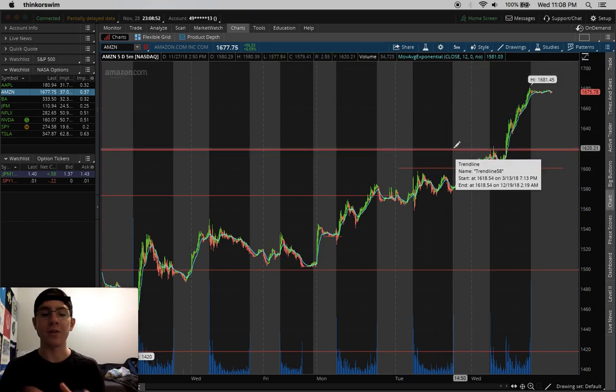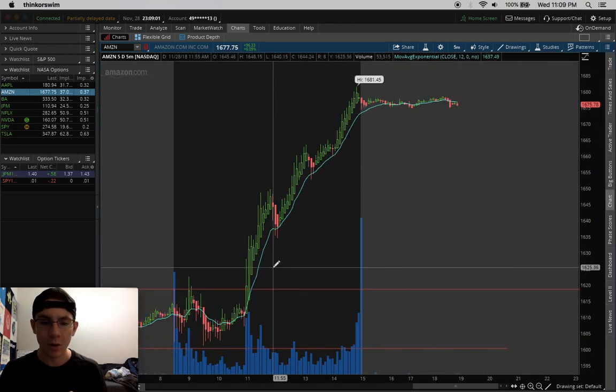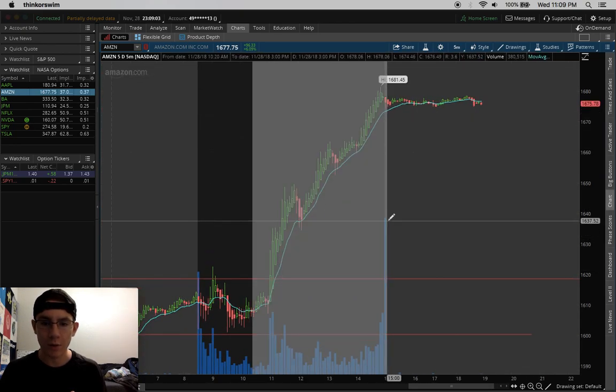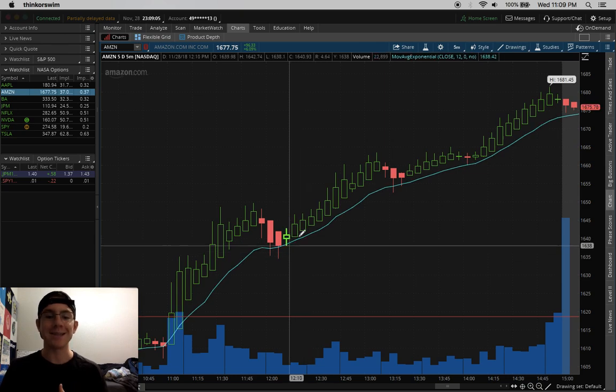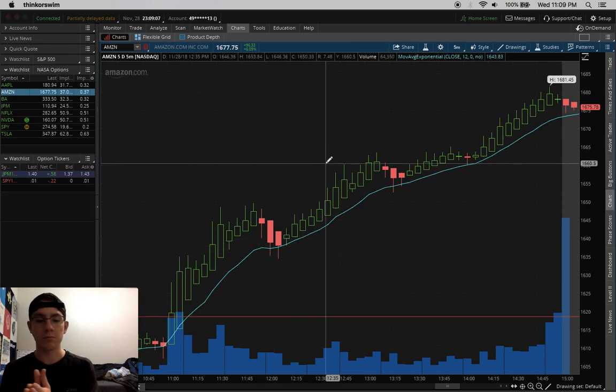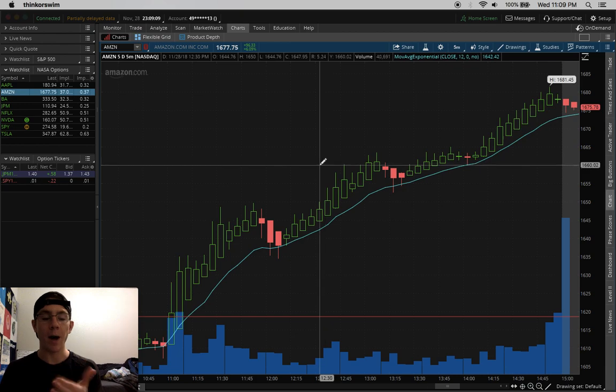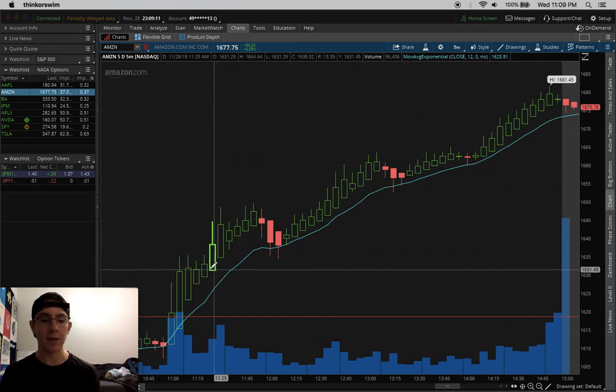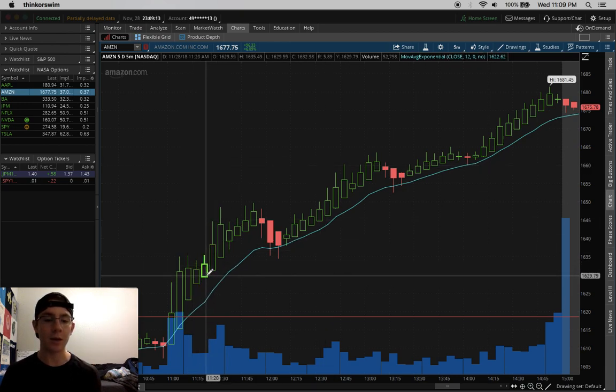So as you can see, Heikin Ashi is a trend following candle. The way that Heikin Ashi works, I really want to zoom in, is it takes the movement of the candle, right? And the bottom of the candle is the mid price between the open and the close of the previous candle.